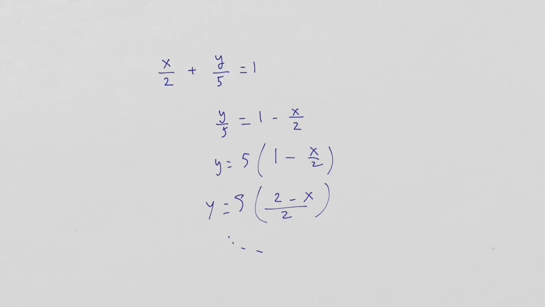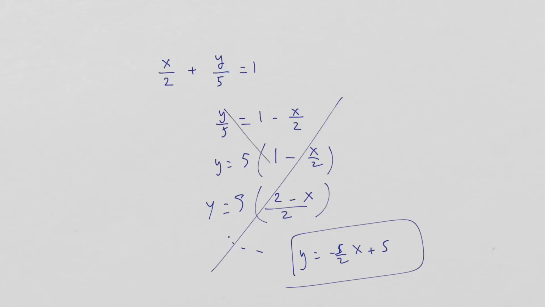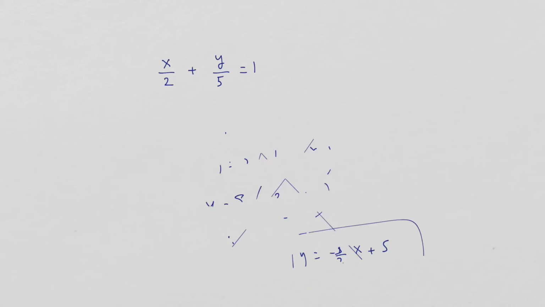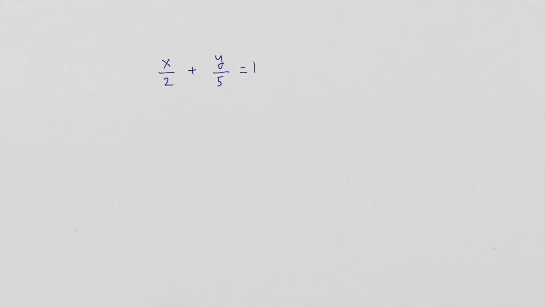And you spend half an hour to write this. Eventually, you're going to get to here, I believe. Let me see. No. Negative 5 over 2 x. See, why? Why bother? Why do you have to use the slope-intercept form? You don't have to, okay? This is a perfect form.